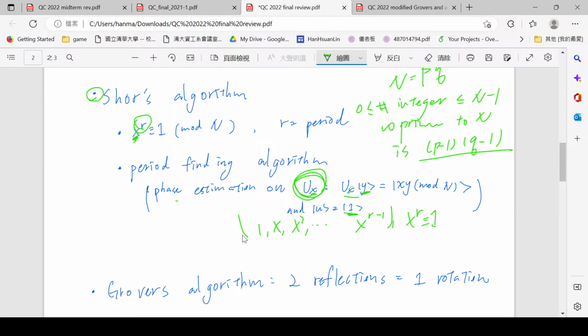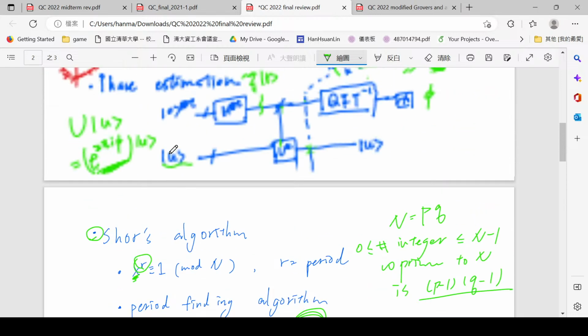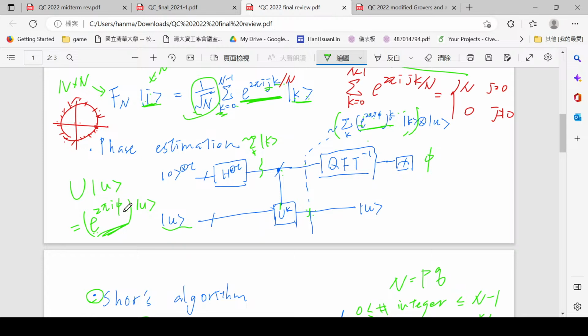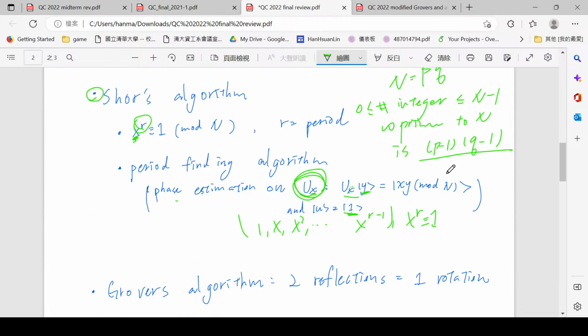And so if you find eigenvalues in this subspace, or more like the phase here, this phi here, there are actually r different phi, and they will be s over r, where s is from 0, 1 to r minus 1. Okay.